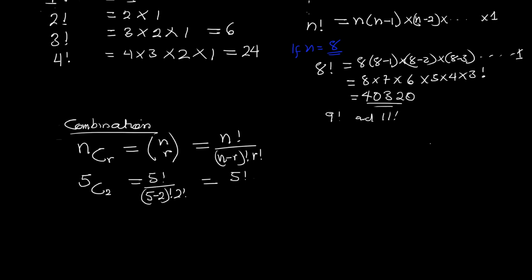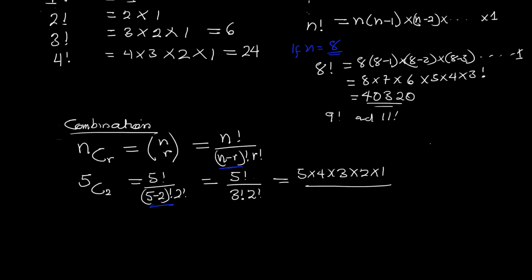Therefore, this gives 5 factorial over 5 minus 2, which is 3 factorial, times 2 factorial. This gives us 5 times 4 times 3 times 2 times 1 per our definition of factorial, as we are substituting into our formula.